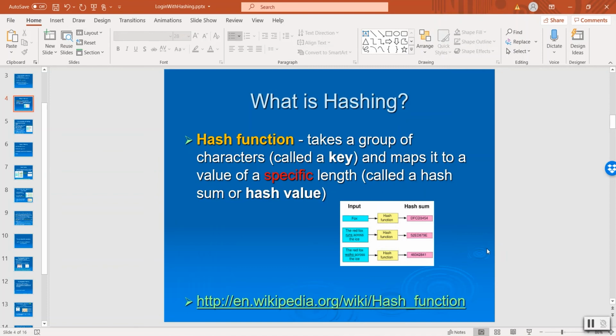Typically, as you can see in this diagram, the input is in the form of maybe a string or something like that, and then the function applies to it and it produces a value of a specific length. In other words, there is a certain finite number of possible values from a hash function. And it applies all over the board.